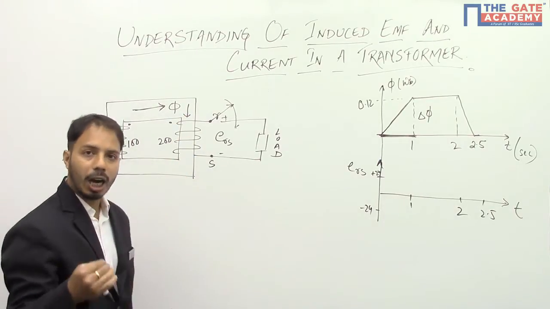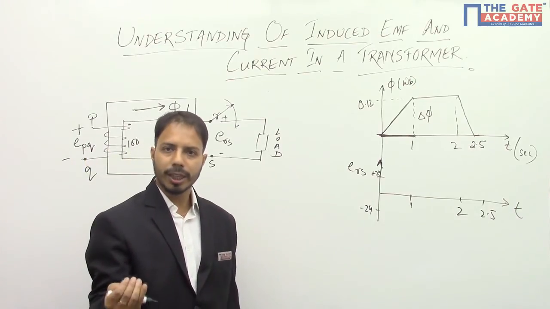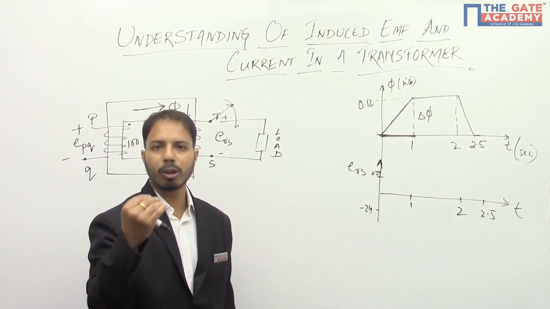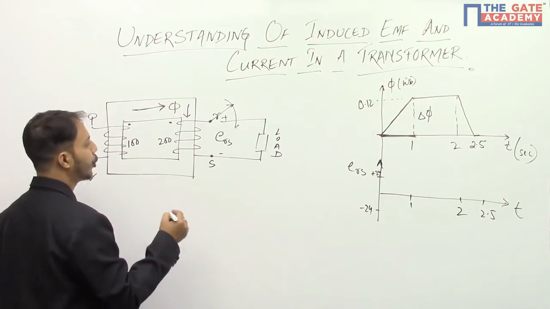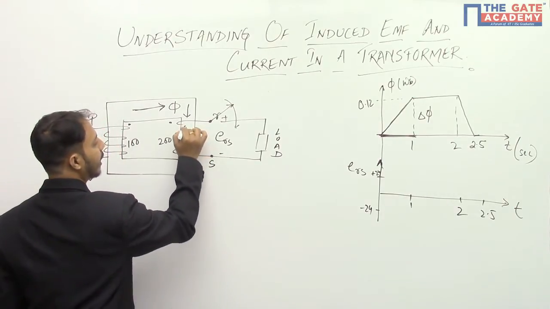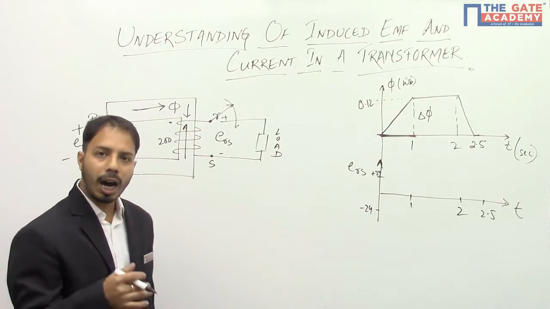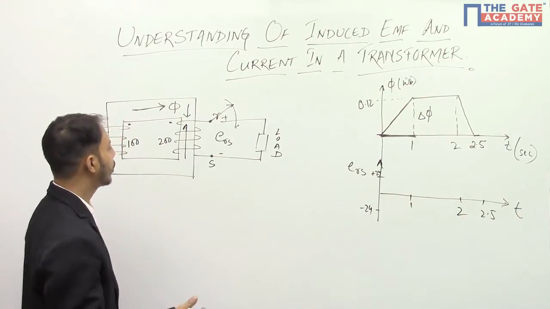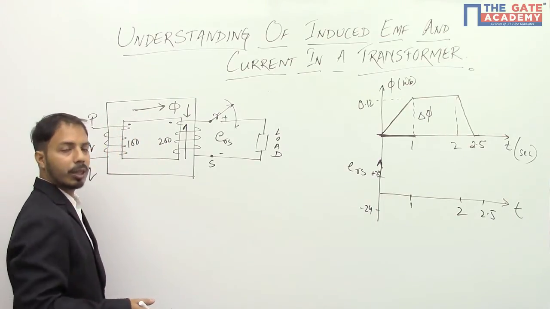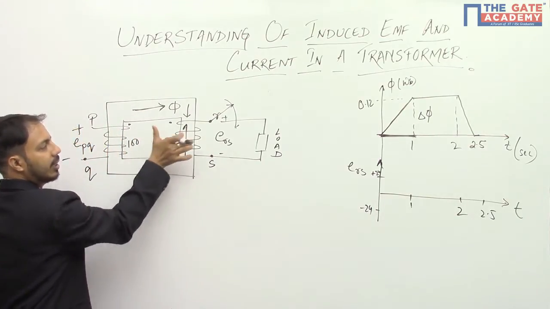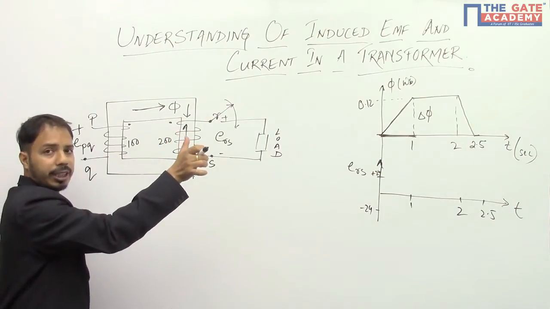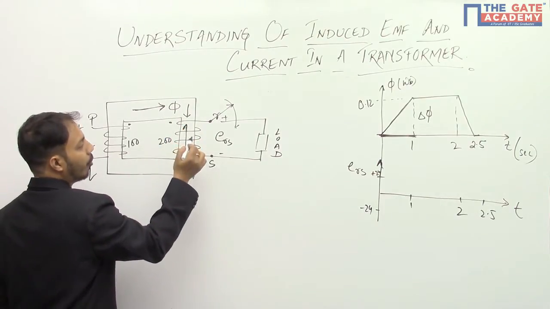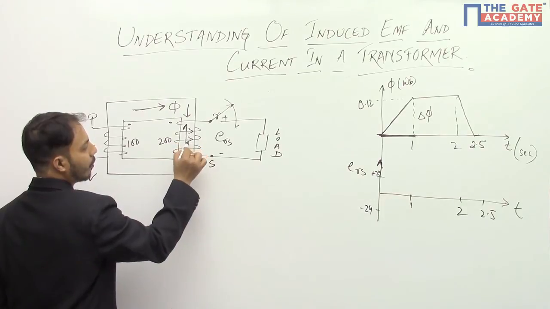So how should the secondary flux be? It should oppose the increment of the primary. That means it should be in this direction. And how will this be produced? This will be produced when we want a flux in the secondary in this opposite direction. So this will happen whenever current is flowing.